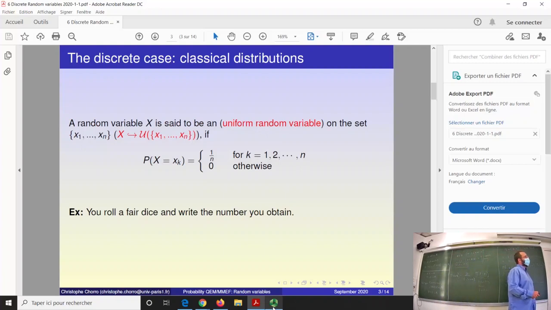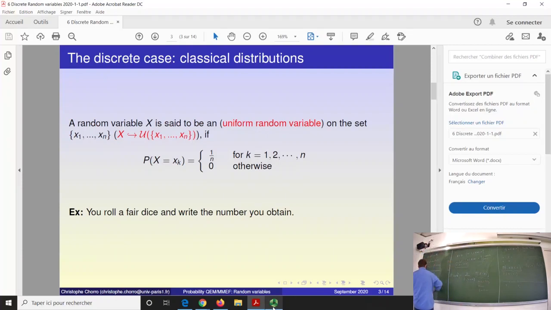So in a set with n elements, the uniform distribution on this set is the distribution defined by this probability mass function. P of x1 is equal to 1 over n, P of x2 is equal to 1 over n. For the other values, it's equal to 0. And of course, in this case, I define a probability because if I do the sum of all these terms from k equal to 1 to n, I obtain 1: 1 over n plus 1 over n, n times, is equal to 1.